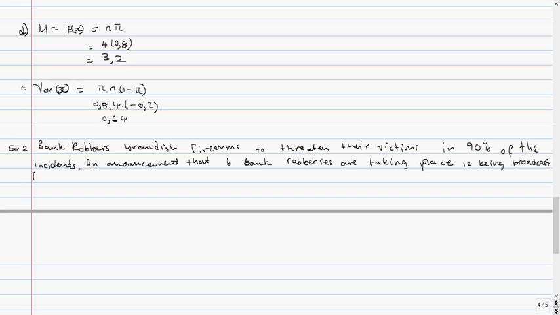Find A, the probability that a firearm is being used in at least one of the robberies.